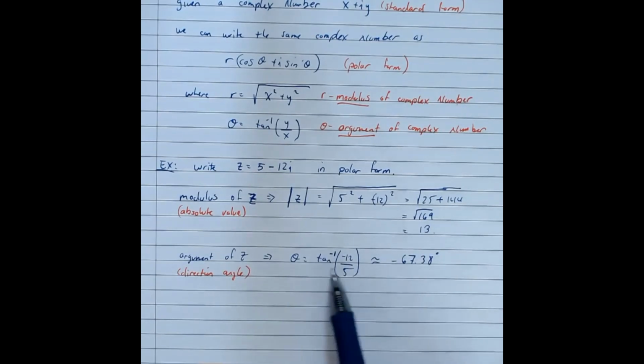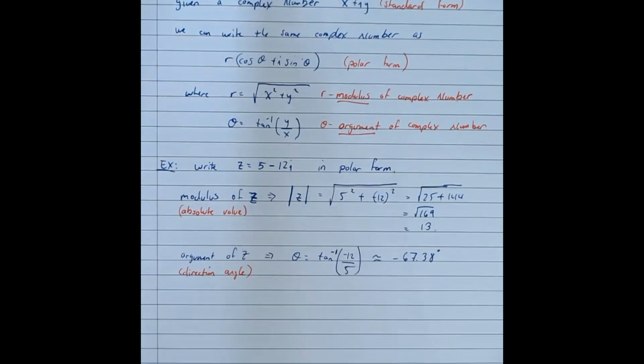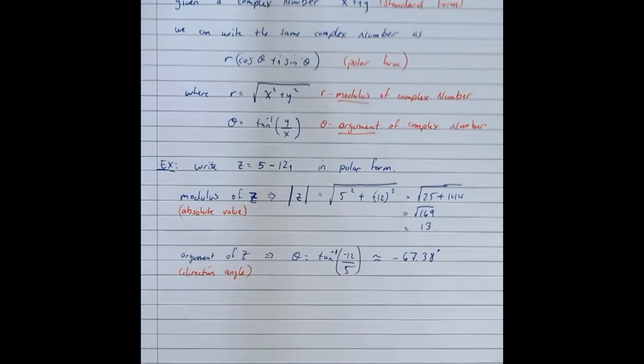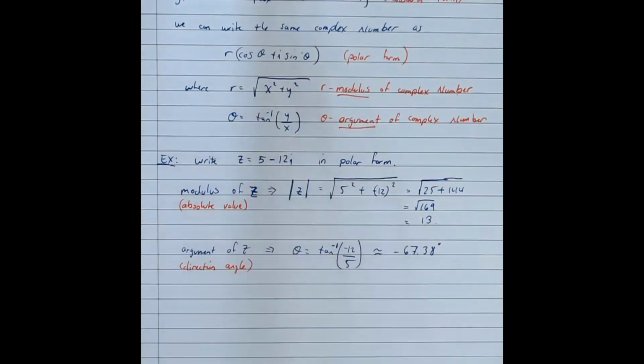Remember, the inverse tangent of a number must be between negative pi over 2 and pi over 2, or in degrees, between negative 90 degrees and positive 90 degrees. But not every angle is supposed to be between negative 90 and positive 90.